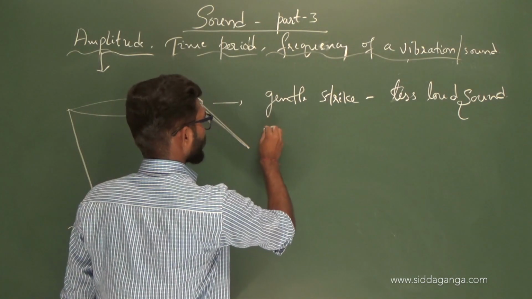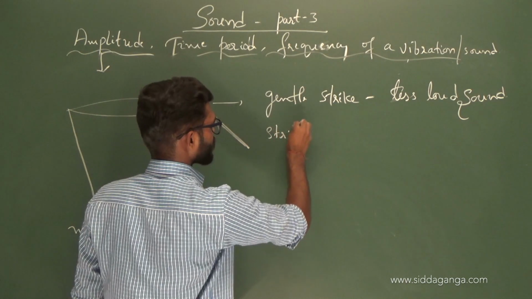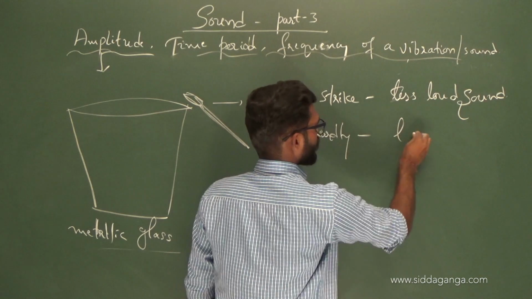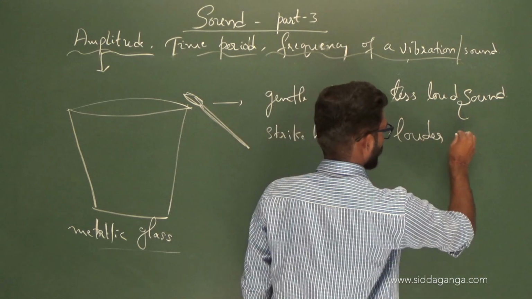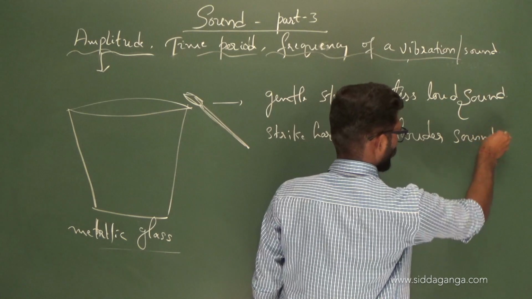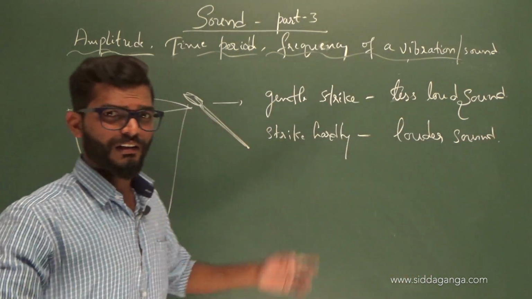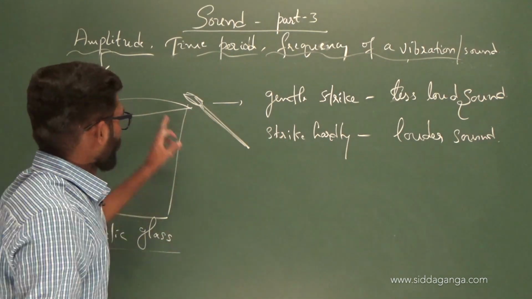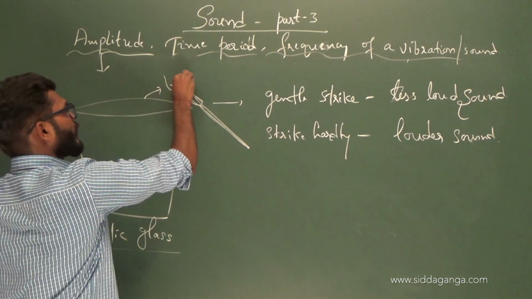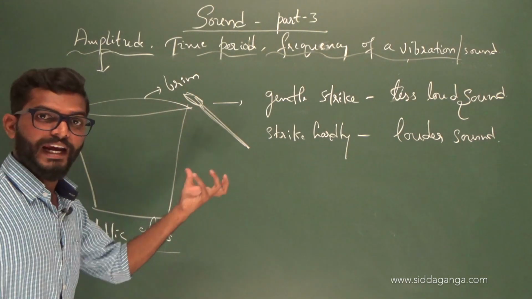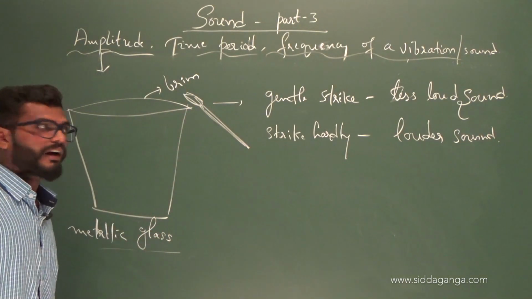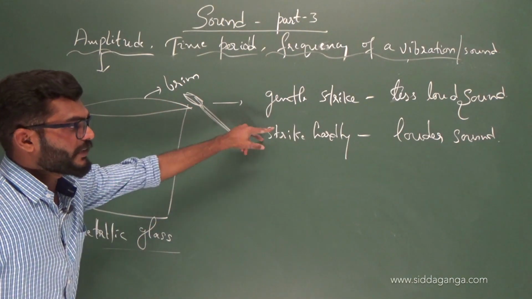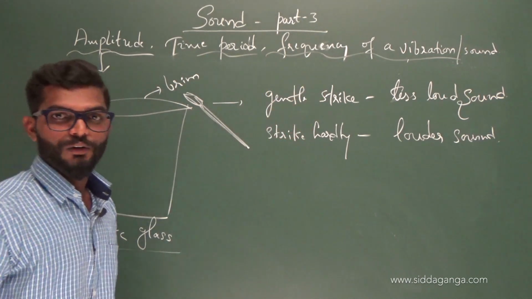When you strike it hardly, so sound will be louder sound. ಗದ್ದಲಪ್ಪ, ಜೋರ್ ಸೌಂಡ್, ಜೋರ್ ಅಂತಾರಲ್ಲ ಗದ್ದಲ, ಏನು ಗದ್ದಲ ಇದೆ ಅಂತಾರ ಆ ಥರ. ಲೌಡ್ ಸೌಂಡ್ ವಿಲ್ ಬಿ ಪ್ರೊಡ್ಯೂಸ್ಡ್ ವೆನ್ ಯು ಸ್ಟ್ರೈಕ್ ದಟ್ ಬ್ರಿಮ್, ಇದೇನಂತಾರ ತುದಿನ, that edge of that glass, metallic glass is known as brim. So here the different strikings will produce different sounds.